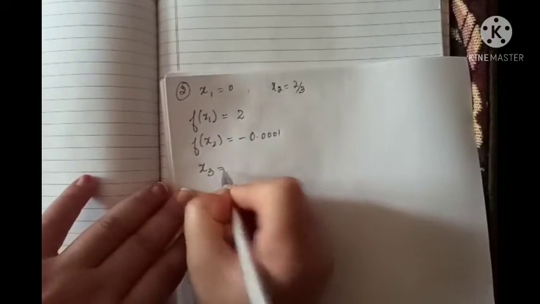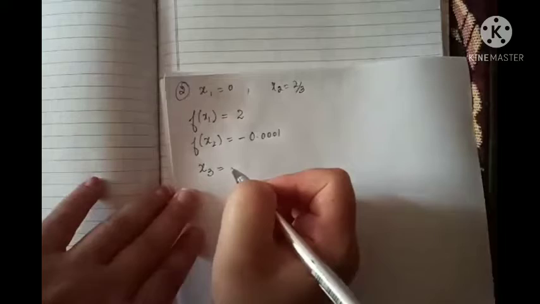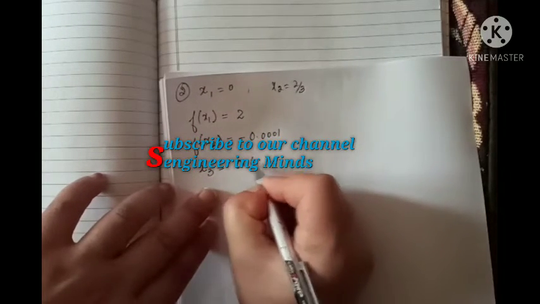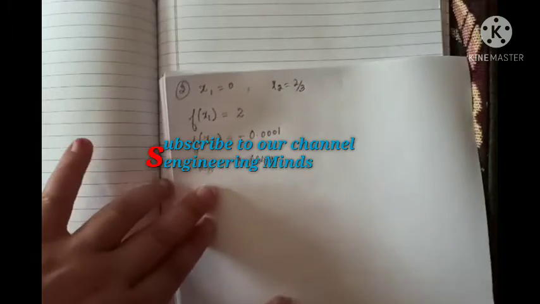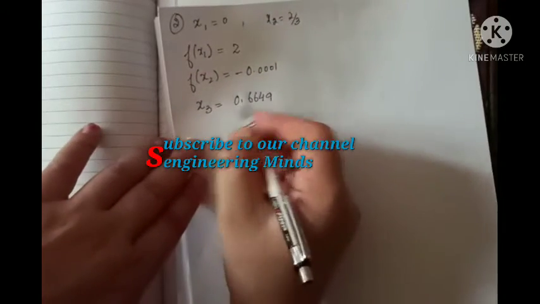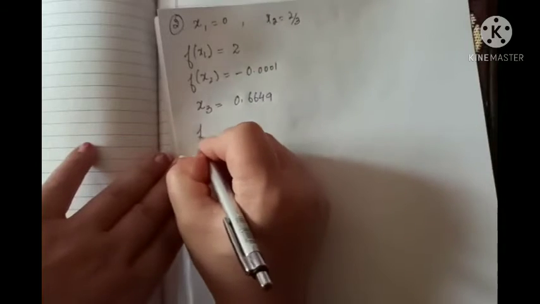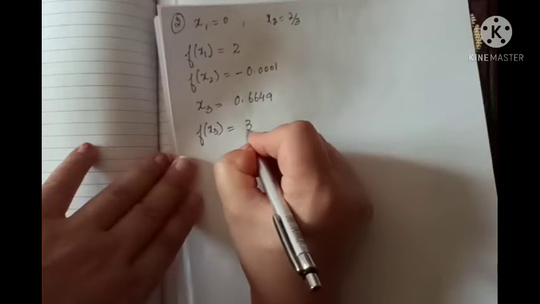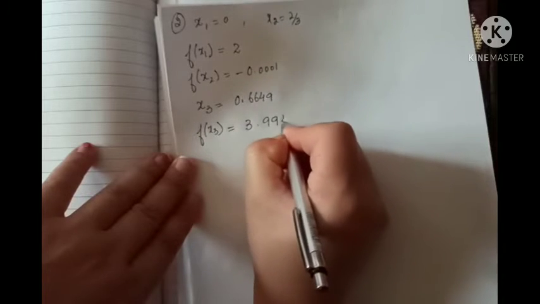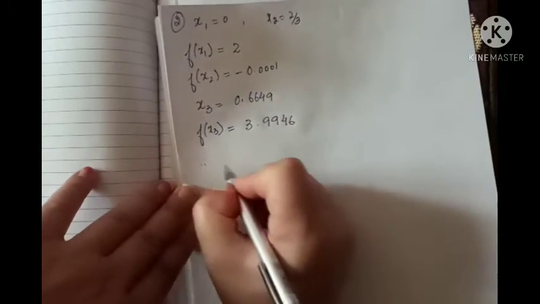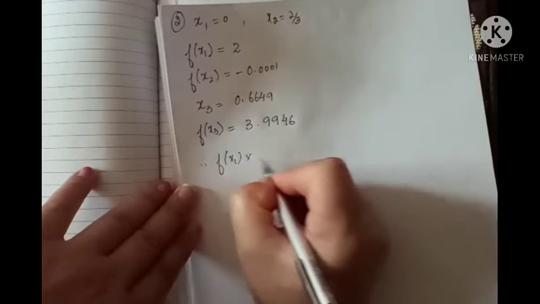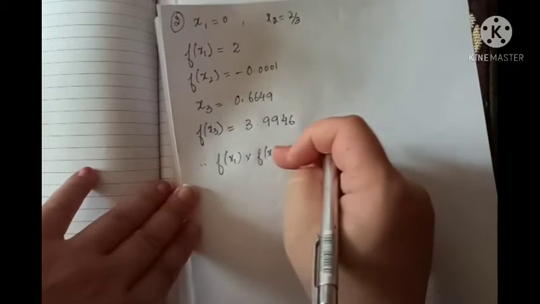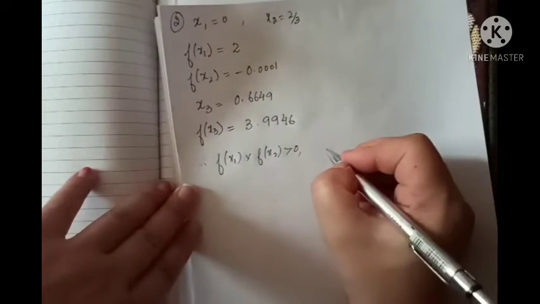Then the value of x3, by substituting all the values in the formula, the result which we will get is 0.6649. Please make sure that you write the formula and then substitute the values. So f of x3 will be equal to 3.9946. Therefore f of x1 into f of x2 will be greater than 0. Both are positive, so obviously it will be a positive value.